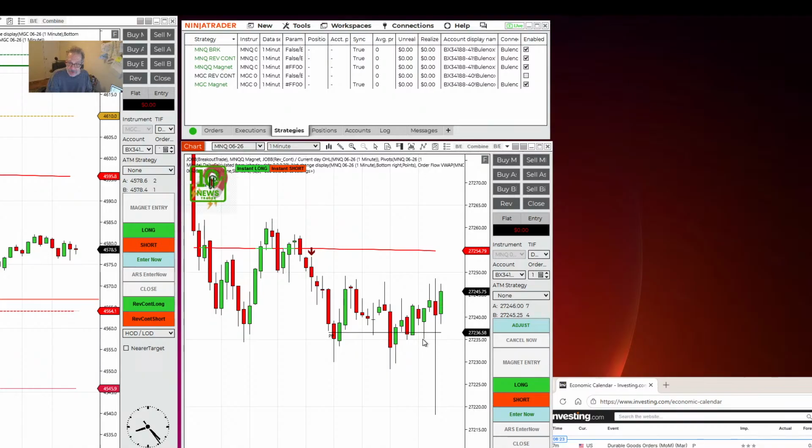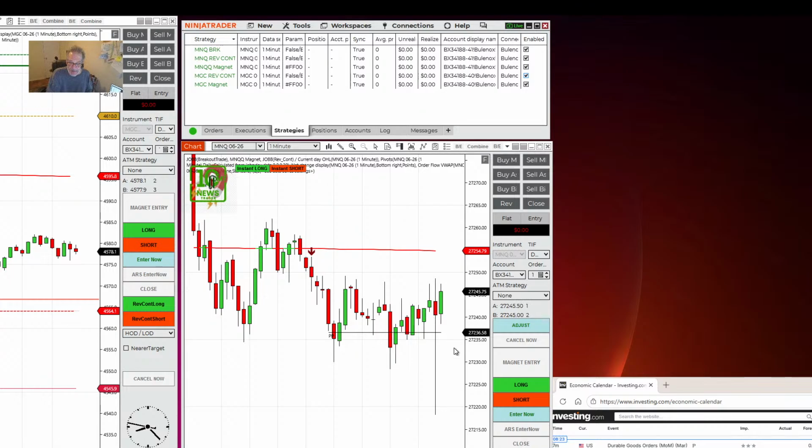Extra risk is created by commentary, world commentary by the various governments. It's one reason why magnets are safer in these war-torn kind of markets. Because a magnet, we're waiting for price to come to us.